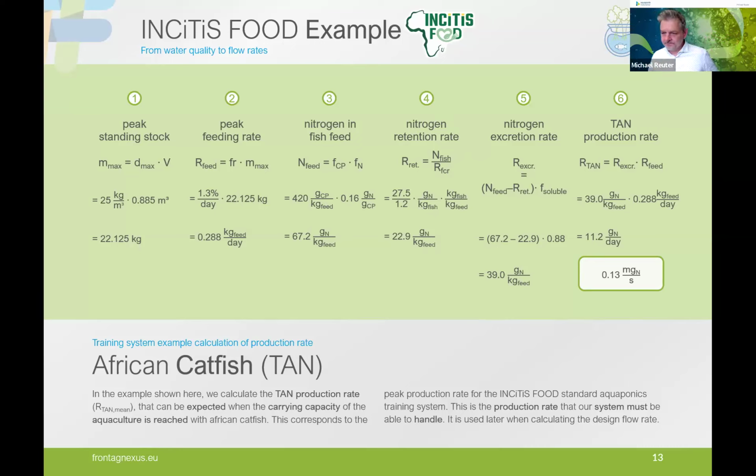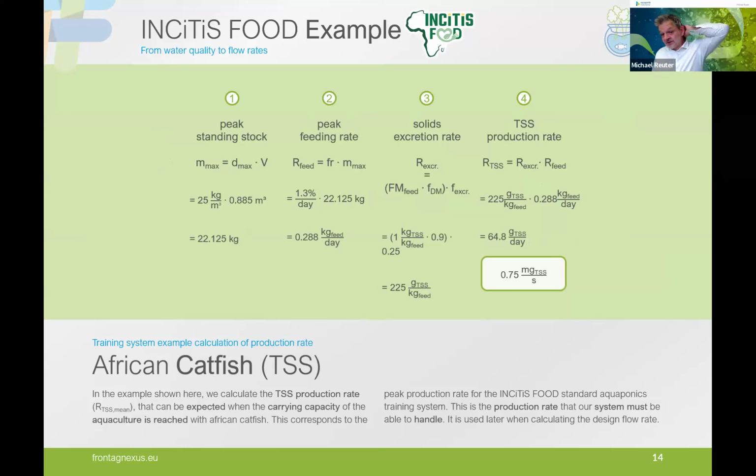And if we multiply the excretion rate, that is based on the amount of feed, so in our case 39 grams nitrogen per kilogram feed, with the feeding rate of 288 grams per day, we get 0.13 milligrams of nitrogen that is produced per second. That would be our production rate for nitrogen.